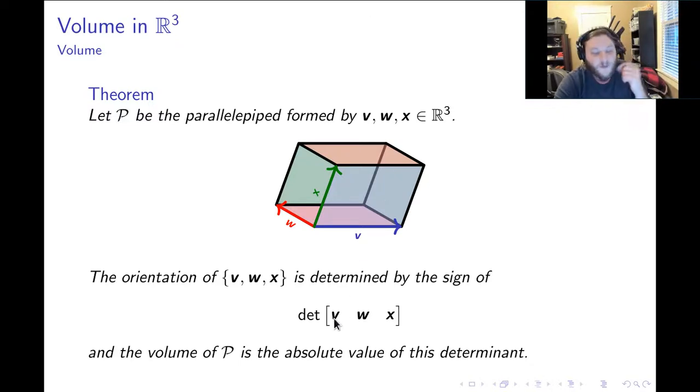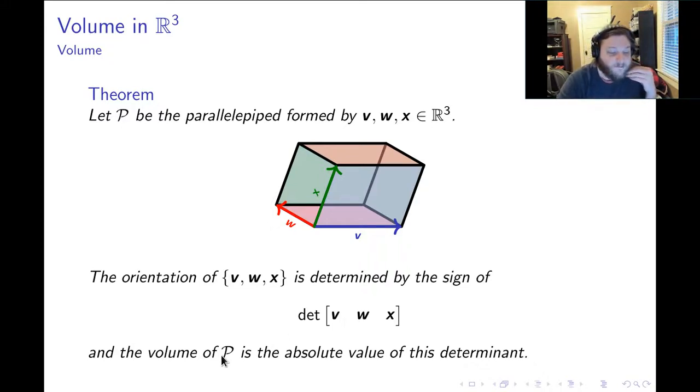Well, we can put those 3 vectors, v, w, and x, into the columns of a matrix. And when we take the determinant of that matrix, the sign that we get will tell us orientation. Positive orientation means positive determinant. Negative orientation means negative determinant. And determinant equals 0 means that the vectors are linearly dependent, or coplanar.